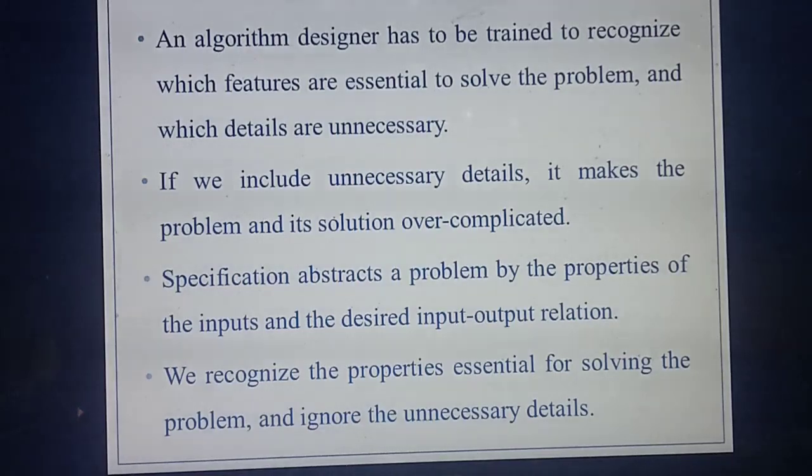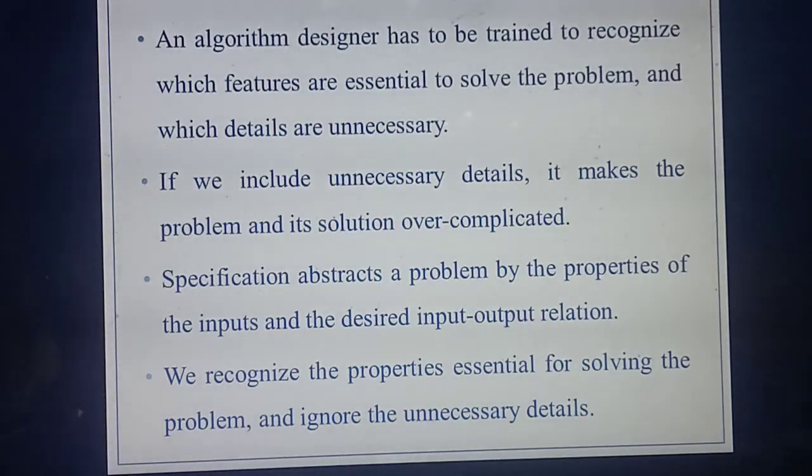So the important things the designer needs to collect, and based on that needs to design the algorithm. He needs to not include unnecessary details, only the important, most essential things. Unnecessary details, if included in the algorithm, make it more complex.